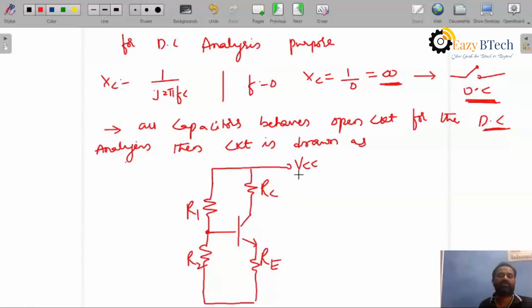This is VCC. This is base, collector, emitter. This is the circuit.